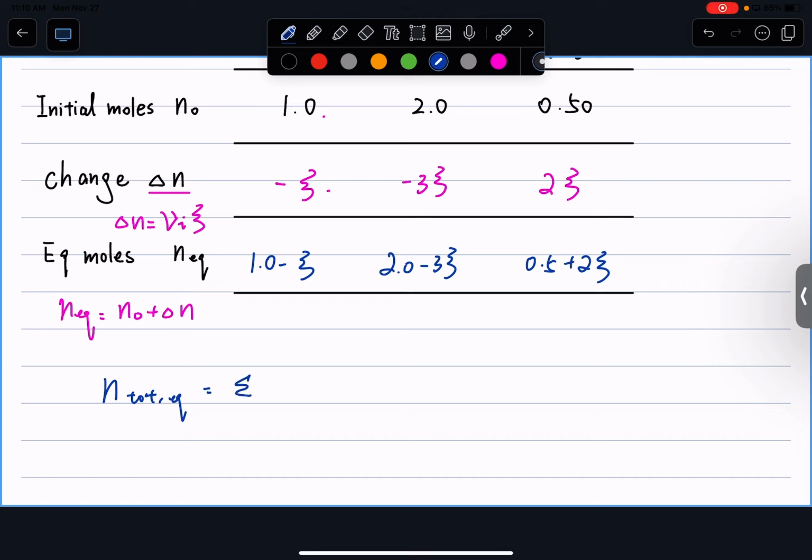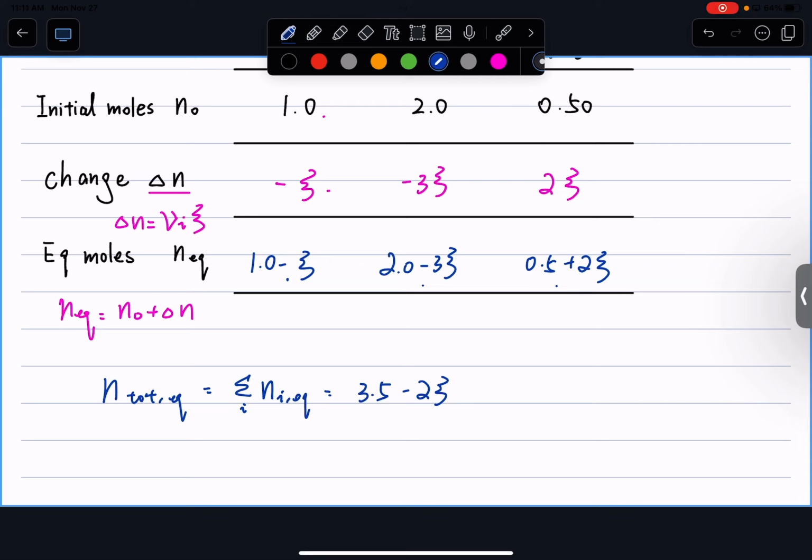That equals the summation of your N_i equilibrium, right? So in this case, if you sum all these three numbers up, you get 3.5 minus 2 xi. All right, so that's your final total number of moles.